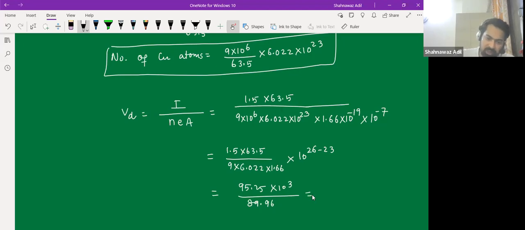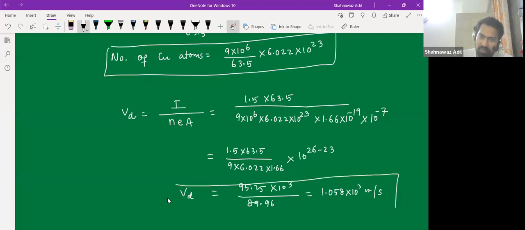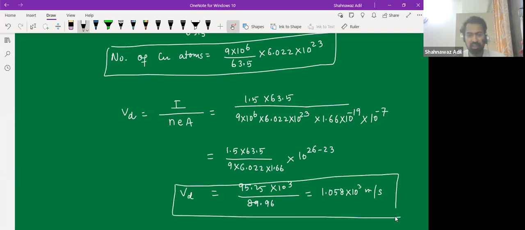So this would be how much? 95.25 divided by 89.96, so 1.058 into 10 to the power 3 meter per second. This is the drift velocity. So with this velocity, the free electrons move.